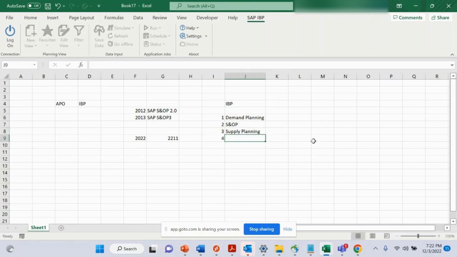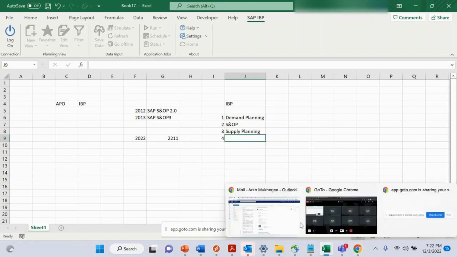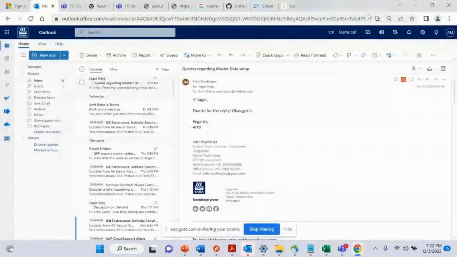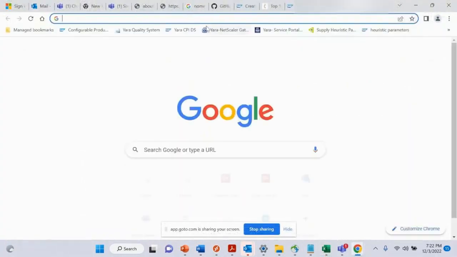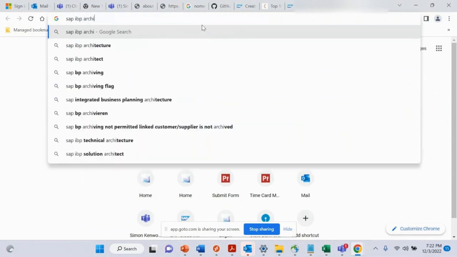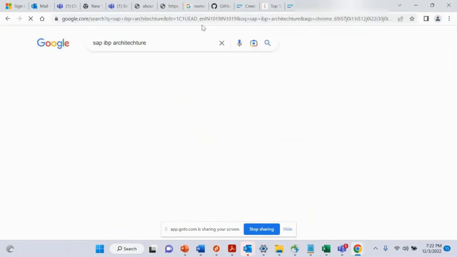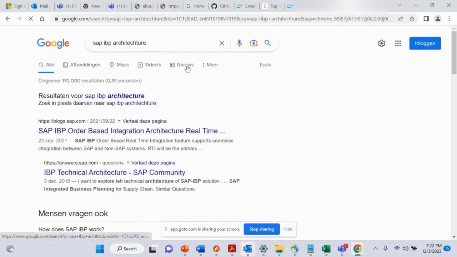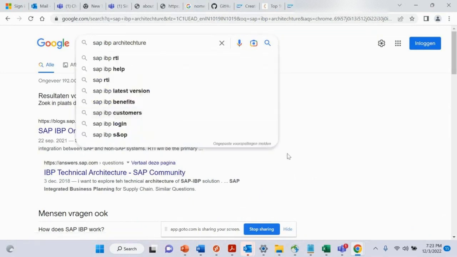We have a very good SAP IBP architecture format. So let me take you to Google to show you the architecture format of SAP IBP architecture.